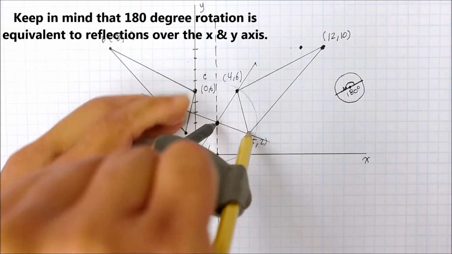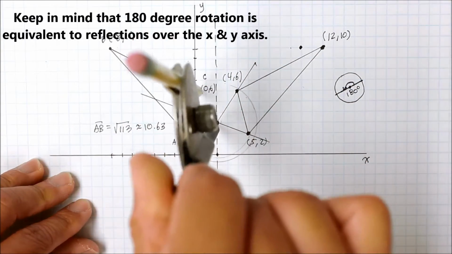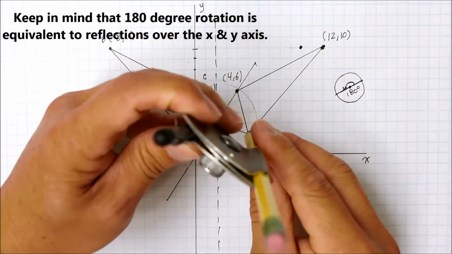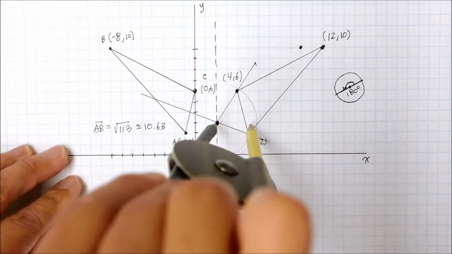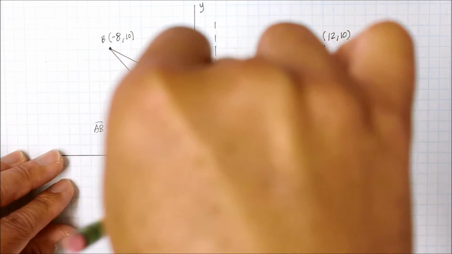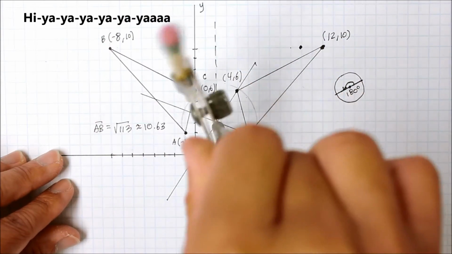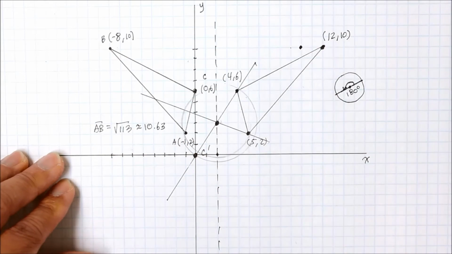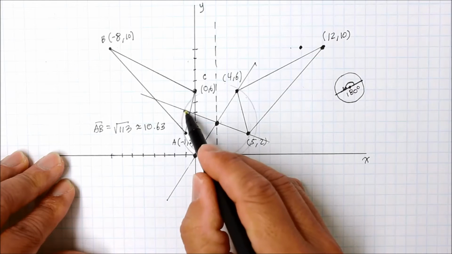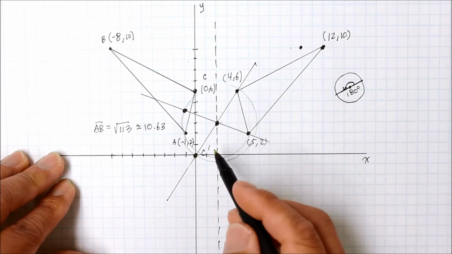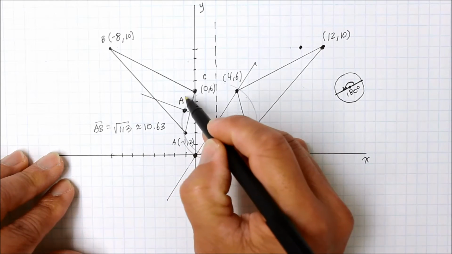And then we're going to rotate this guy this way. There we go. And where does this guy stop? Well, I think it's around here somewhere. Okay? And that's a new location, A. So that's going to be the A prime.